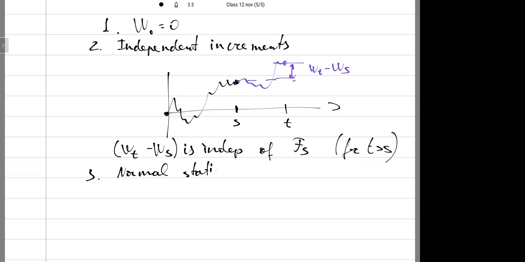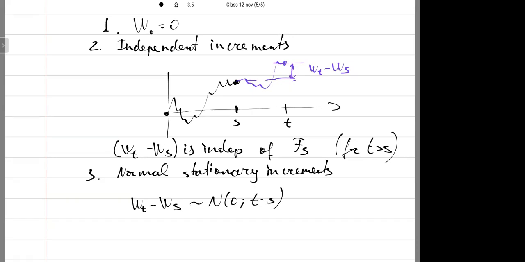The third property is normal, stationary increments. Wt minus Ws has normal distribution with mean 0 and variance t minus s.